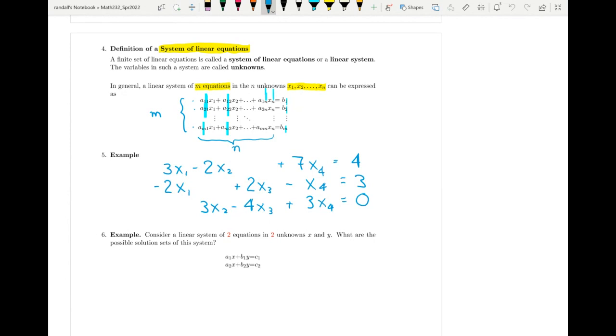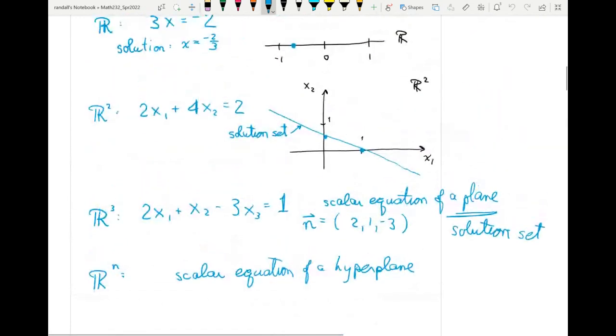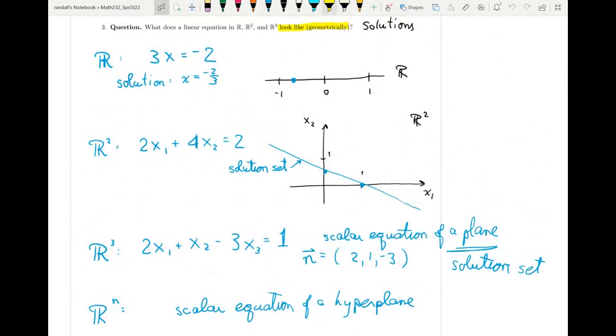All right, now we can talk about solutions of systems. In the case of the linear equation in 2 variables, I'll go back up to here to point out what we mean. Remember, in R2, when we talk about a linear equation, we're interested in the solution set, and we know that the solution set will be a line, and we can sketch that line.